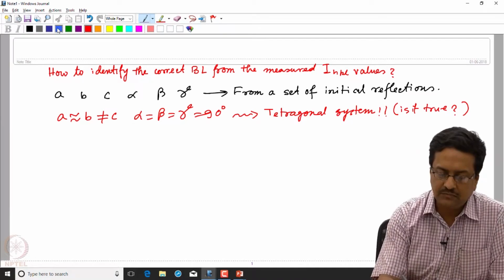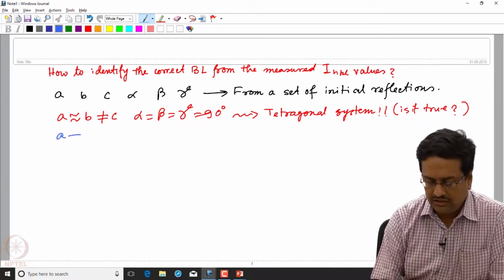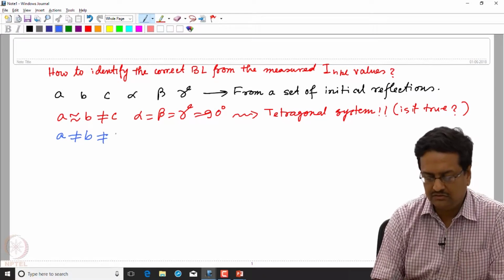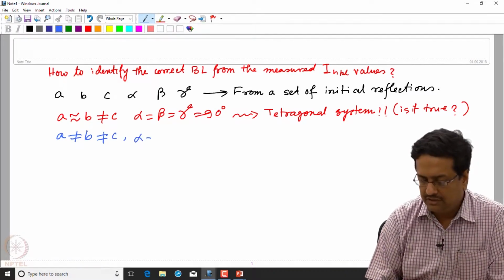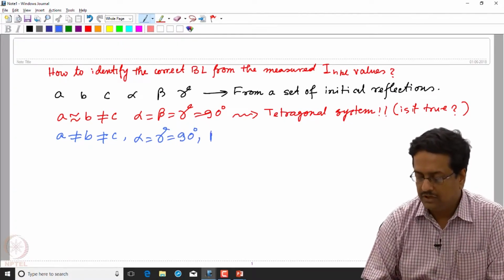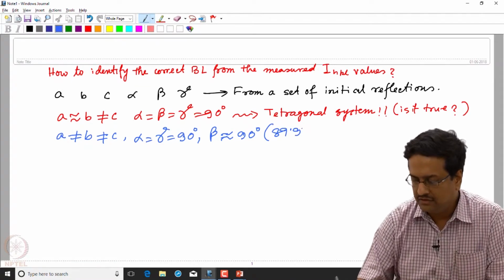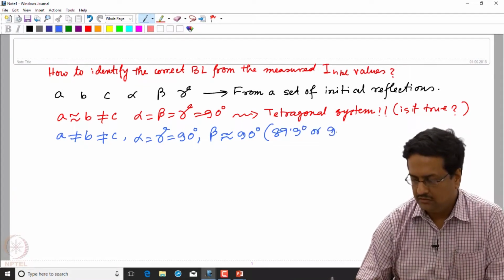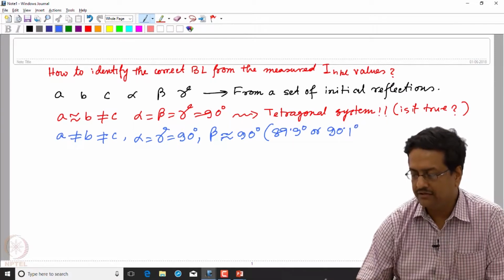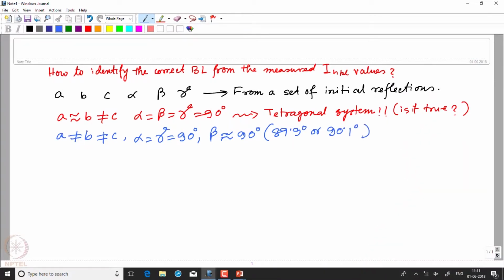Or from the initial measurements, it may look like A not equal to B clearly, not equal to C very clear, alpha equal to gamma equal to 90 degree is also very clear, but beta is very close to 90 degree, maybe 89.9 degree or 90.1 degree. So the confusion is, is it monoclinic or orthorhombic?